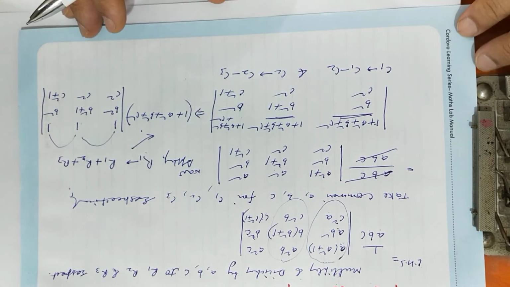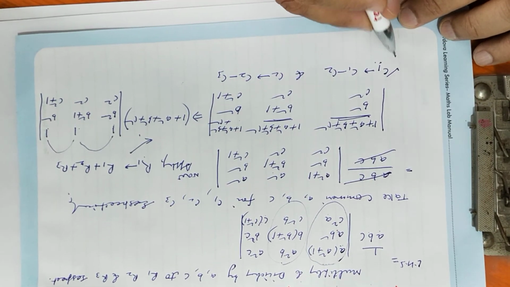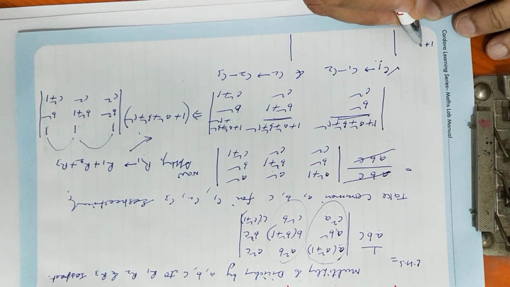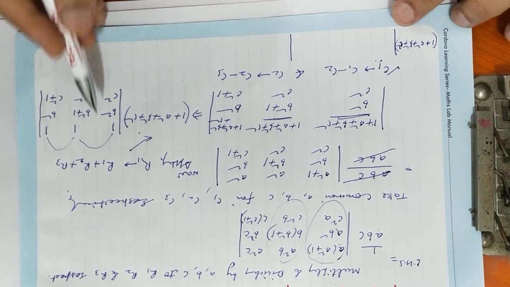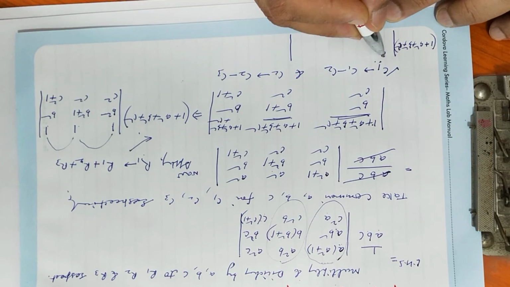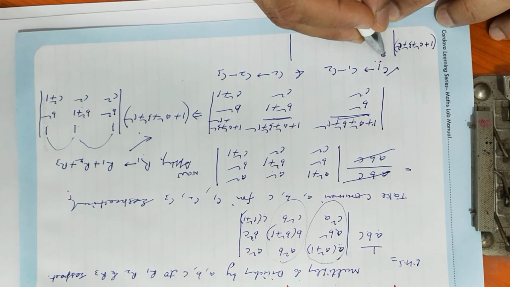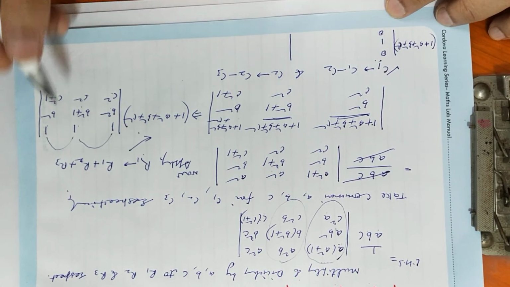Okay, what will you get? After applying this operation, first one, we will get right here 1 plus a square plus b square plus c square as it is. 1 minus 1, you will get 0 here. This minus this, you will get 1. And this minus this, you will get 0. Got it?